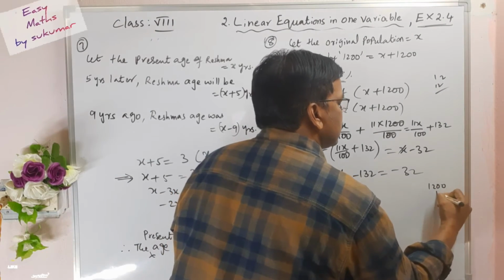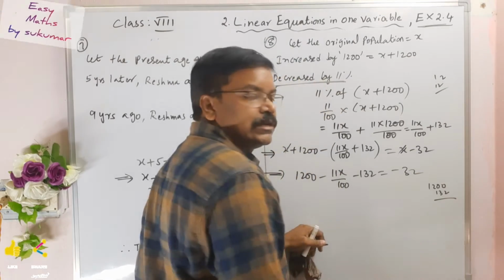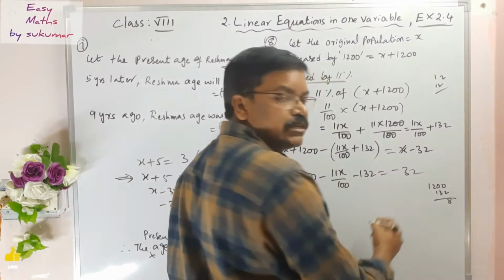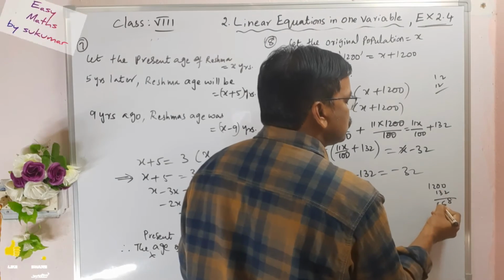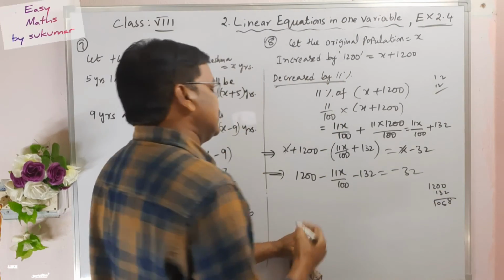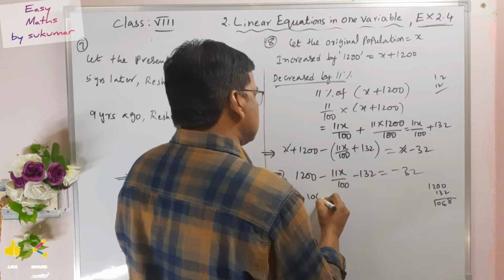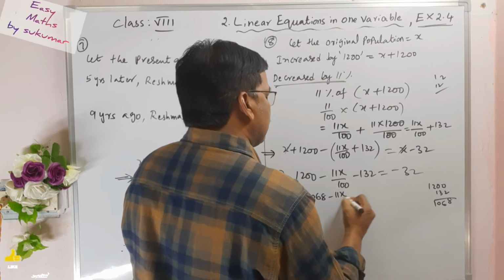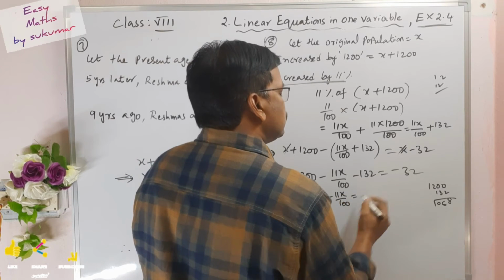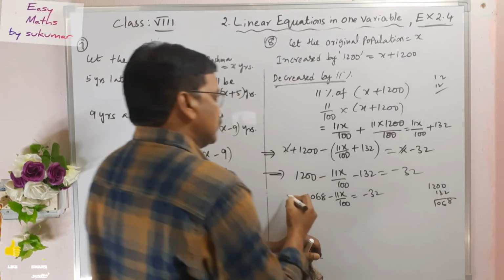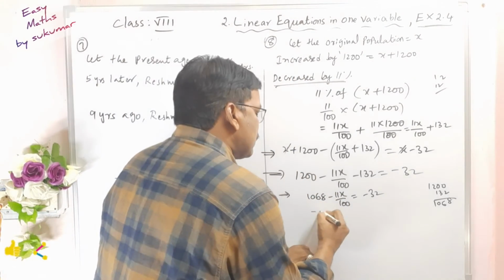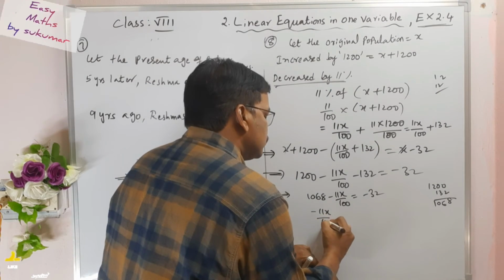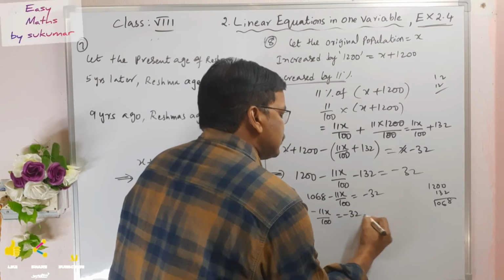What is 1200 minus 132? 10 minus 2 is 8, 9 minus 3 is 6, 1 minus 1 is 0: 1068. So this is 1068 minus 11x by 100 is equal to minus 32. Okay, my dear students.